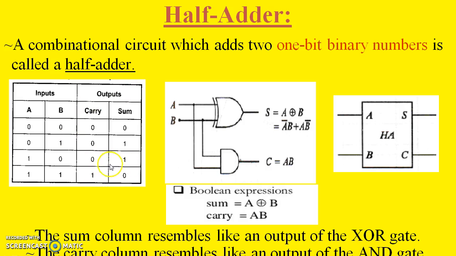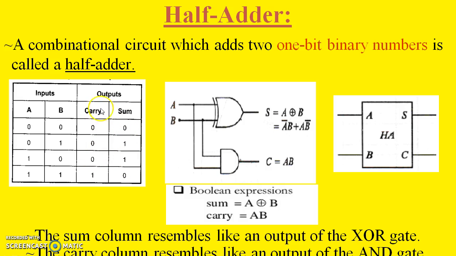Okay, we know the truth tables of the basic gates. Just look at the two input XOR gate truth table, 0 0 1 0 1 1 0 1 1, and look at this sum column. That simply represents an XOR gate truth table. Just omit the carry and take the sum, so it is just like an XOR gate.